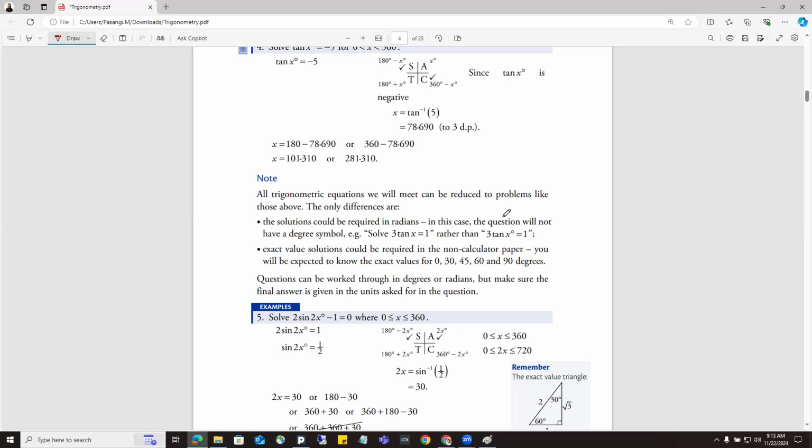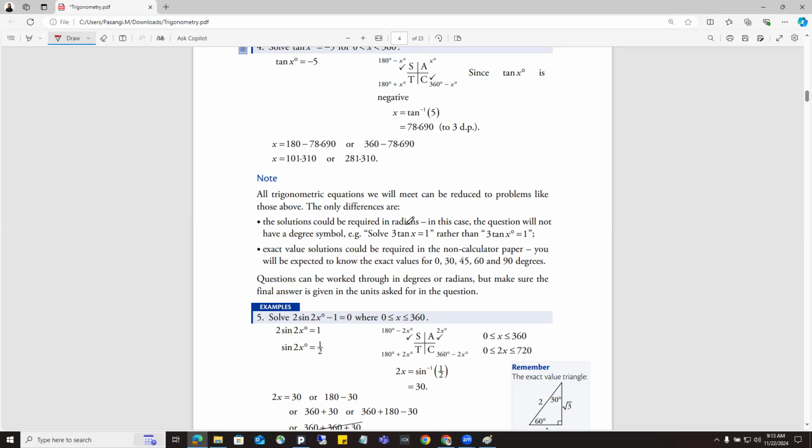In this case, the question will not have any degree symbol. For example, it would be like 3 tan x is equals to 1. That means you should know this question is in radian format.